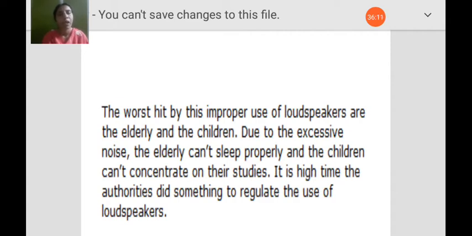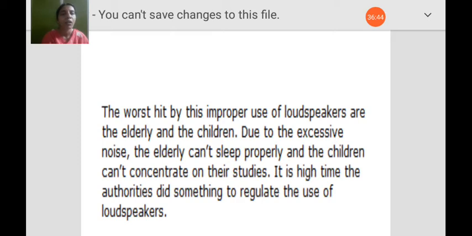And why are we saying they are worst hit? Because the elderly people can't sleep, and the elderly people are prone to ill health or ailments. So it's very improper for them when they won't sleep due to the disturbance.